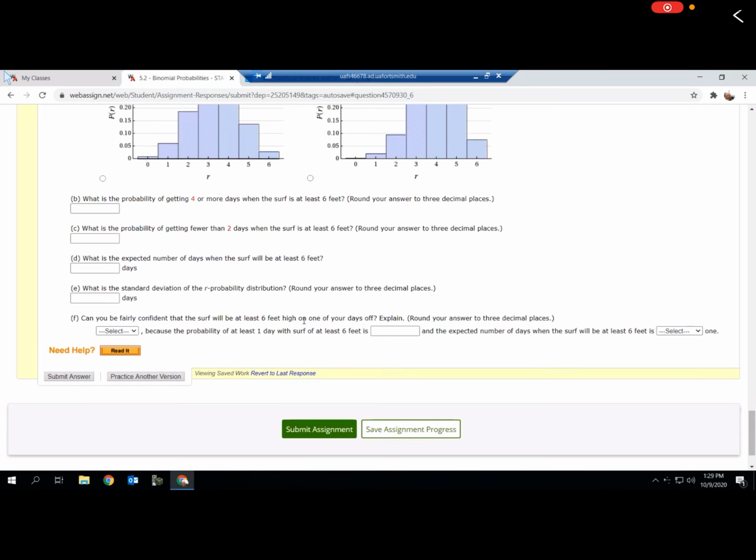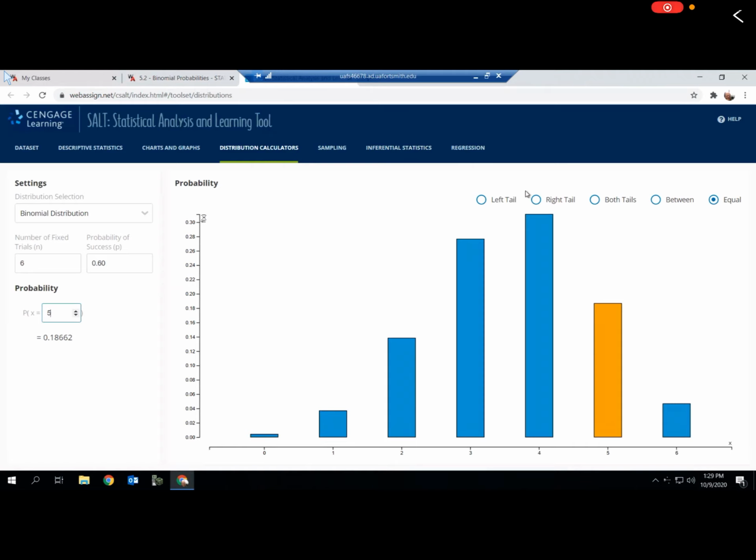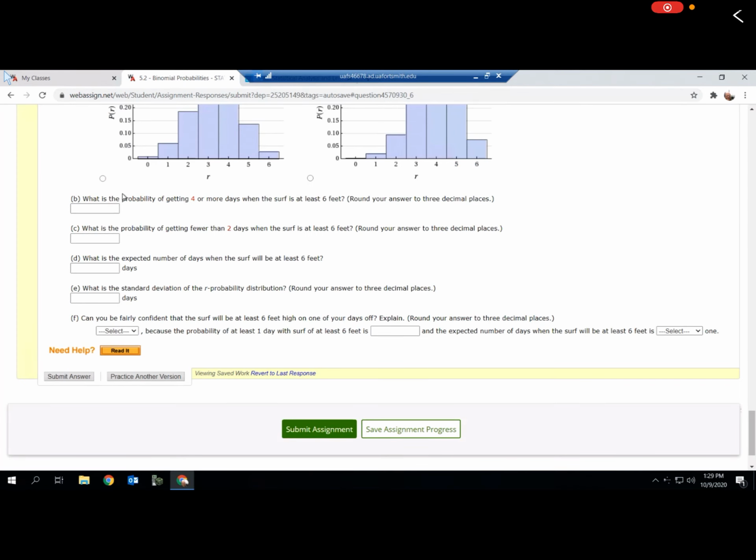What is the probability of getting 4 or more days? Or more says right tail. And I'm going to change this to 4. 4 or more is 0.544.